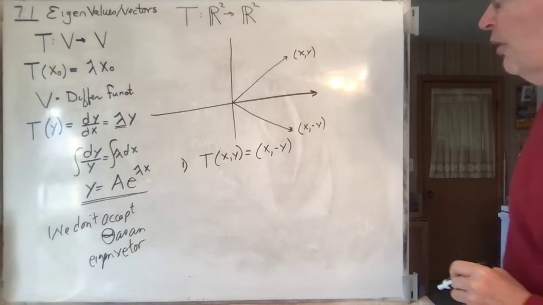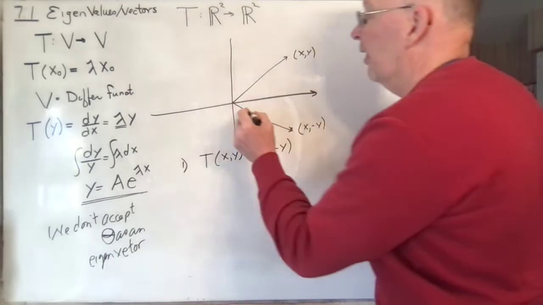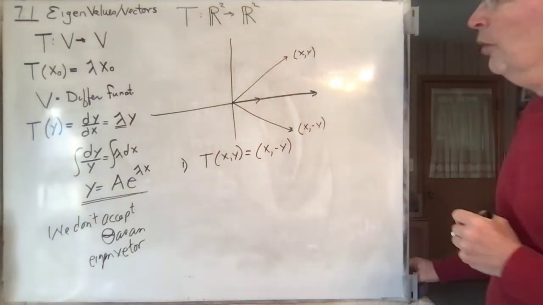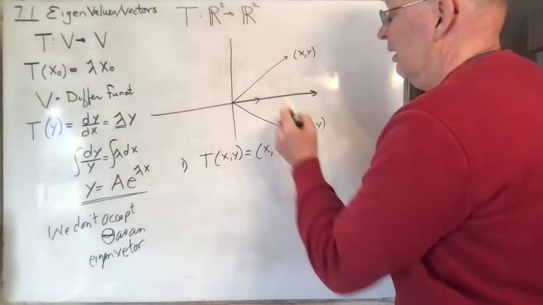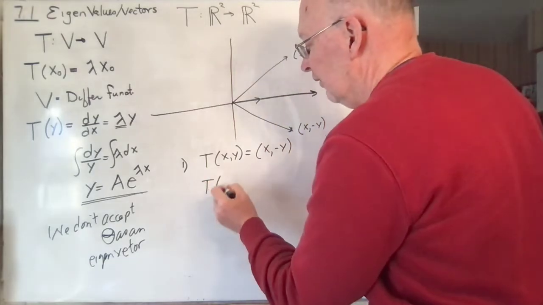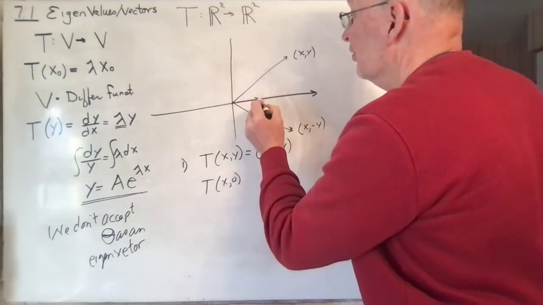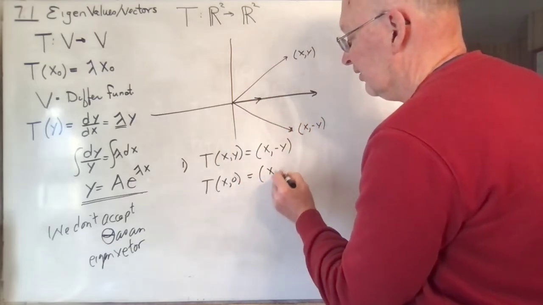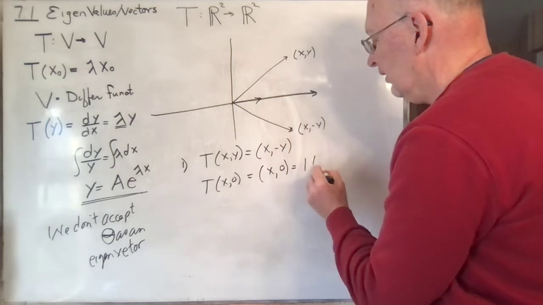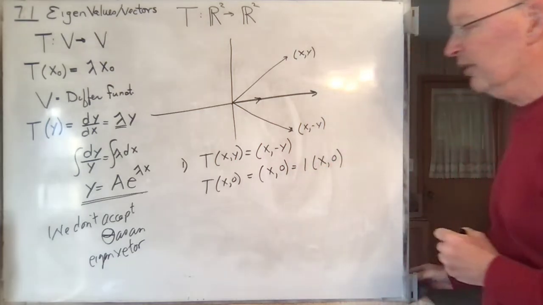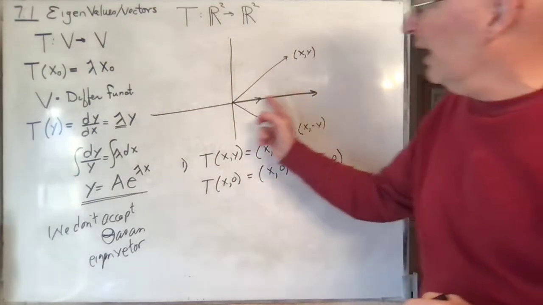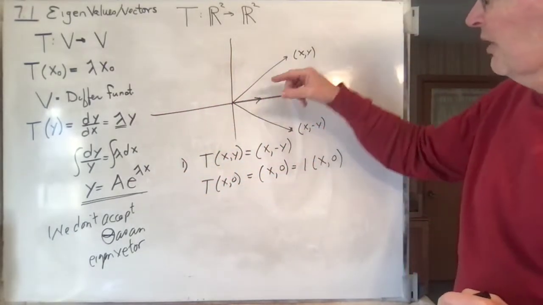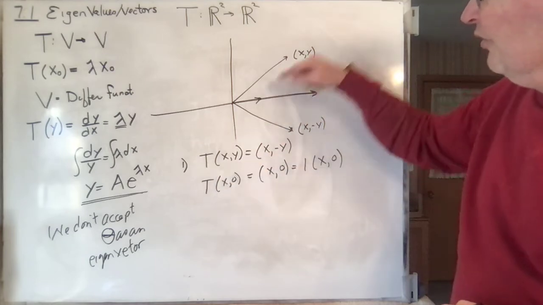But notice that this vector right there would be an eigenvector. See that? If you take T of x0, which is that one right there, that's going to get sent to x0, which is 1 times x0. So anything along the x-axis is going to be an eigenvector, because if you stick it into this function, what does this function do?